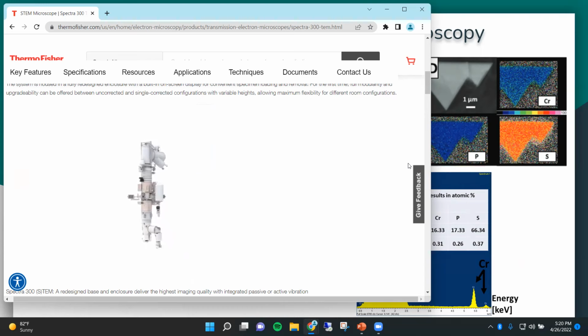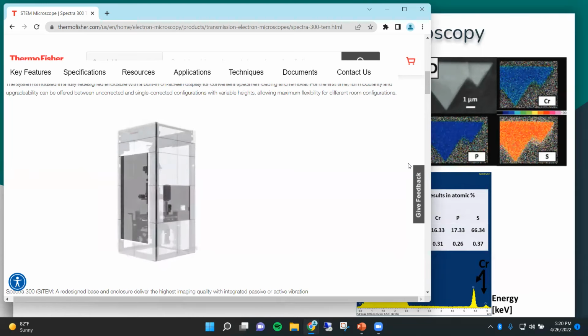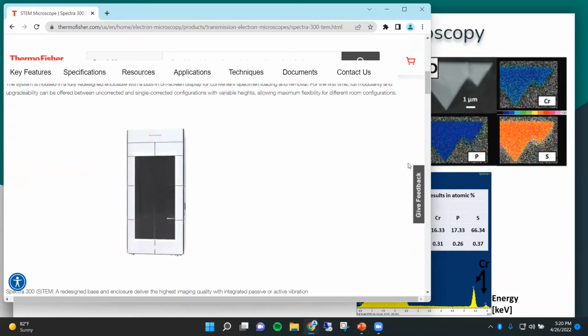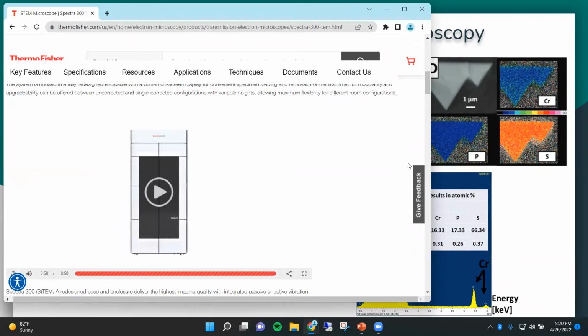These signals are caused by the sample interacting with the electron beam, and the information that is recorded is the morphology, which is the size, shape, and arrangement of the particles, as well as their relationship to each other on the scale of atomic diameters. It's crystallographic information, which is the arrangement of atoms and their degree of order, and also any atomic scale defects in areas.